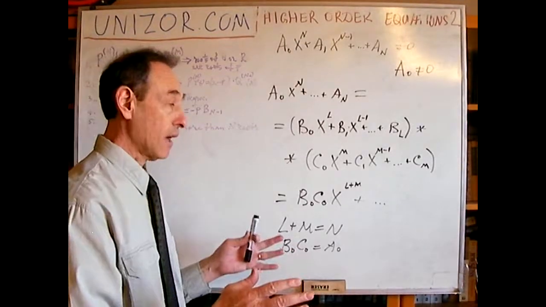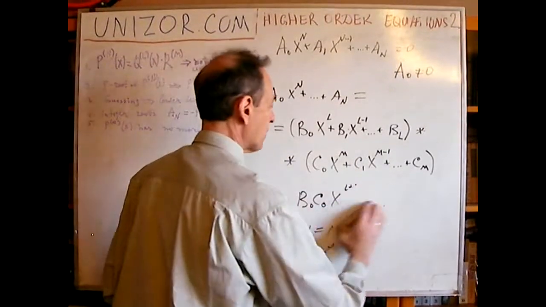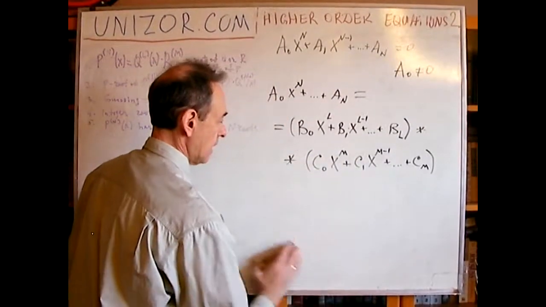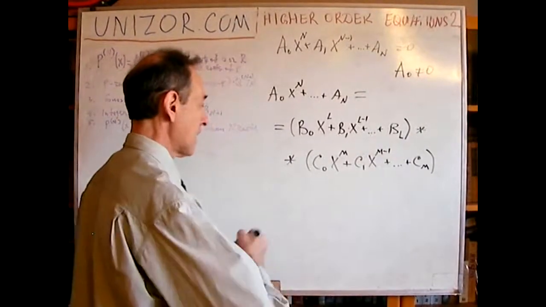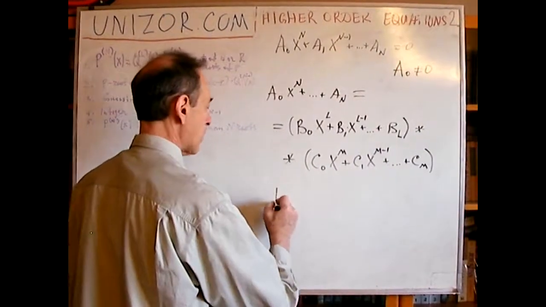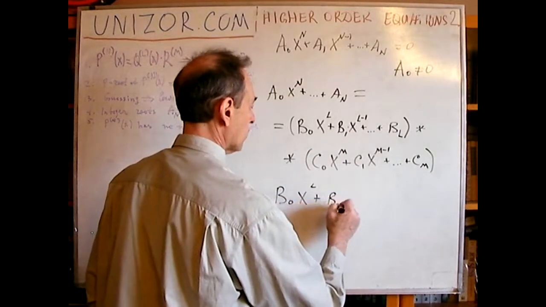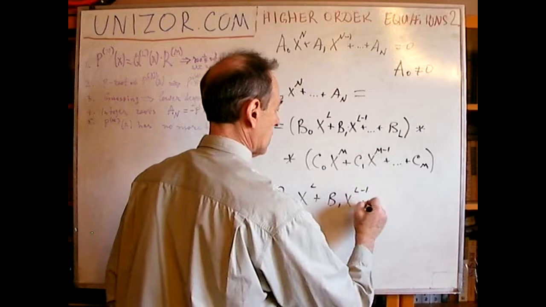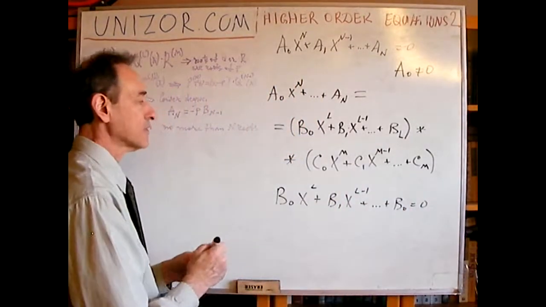Alright, so now let's assume that after we have represented our original polynomial in this way, we can solve an equation which involves only one of those polynomials.